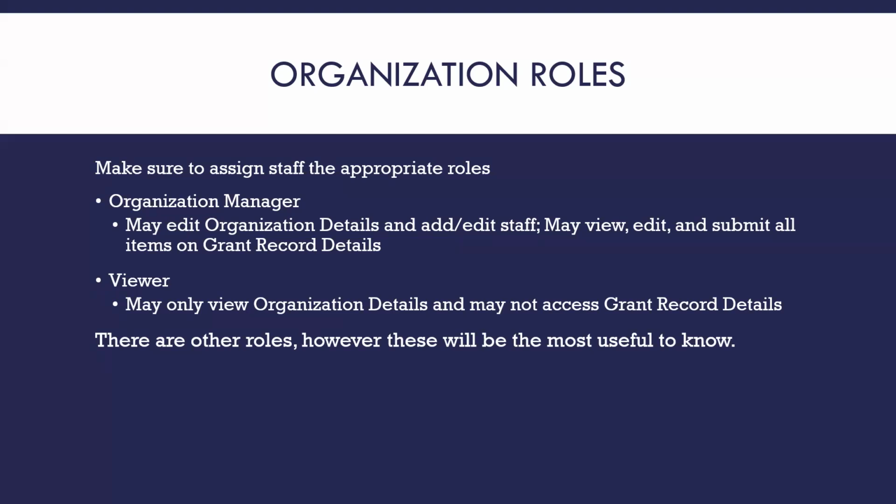And then viewer, which you basically can only see the organization details, not the grant record details. So if you have someone who's going to be doing reporting for you, or your financial person for the organization is going to be requesting the payments, you're going to want to make sure that they are the organization manager. There are some other roles, but these two are the most useful.